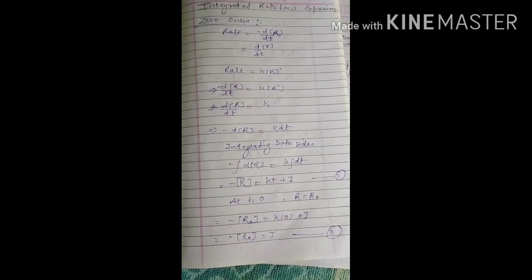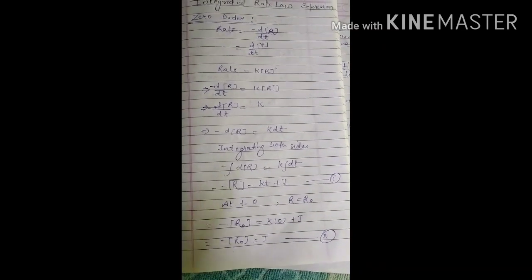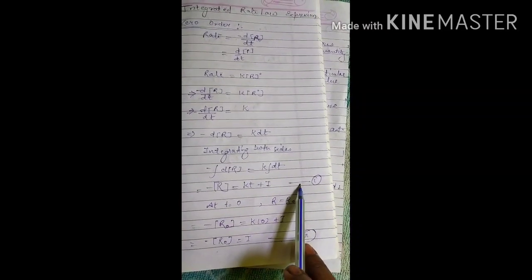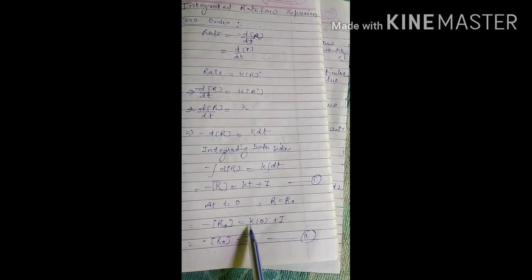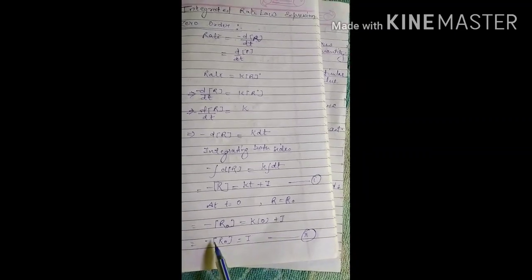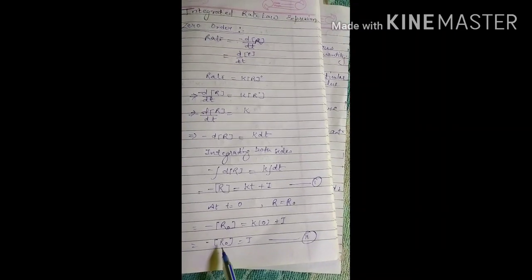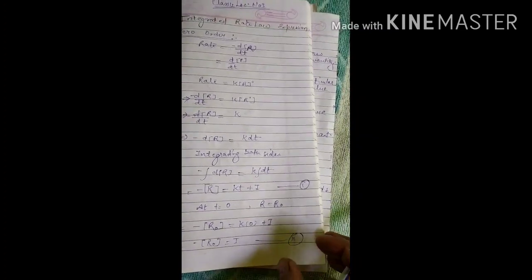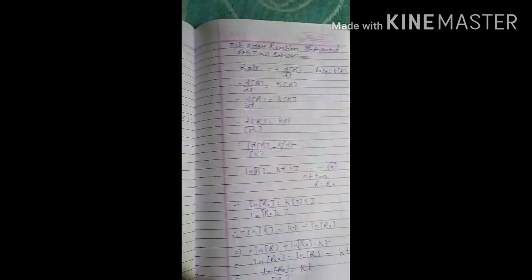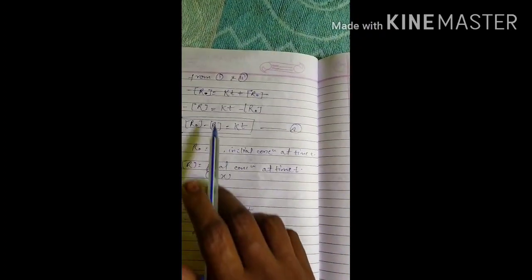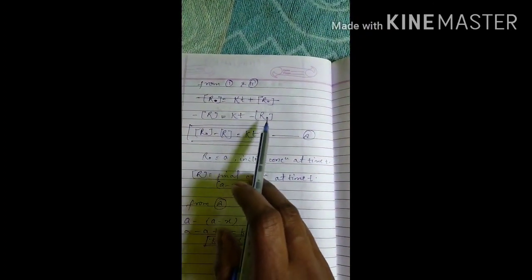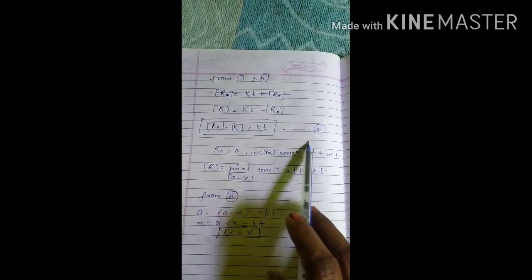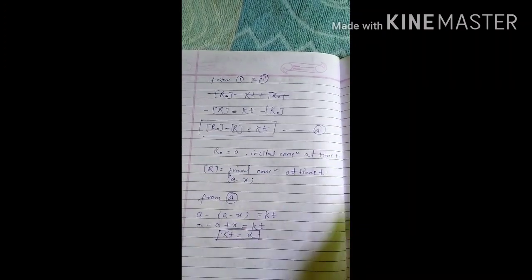Putting this value in the first equation, we get minus R naught equals K of 0 plus I. Finally, we get the value of I, that is minus R naught. This becomes the second expression. Finally, we have minus R equals kt minus R naught, so R naught minus R equals kt, which becomes expression number A.